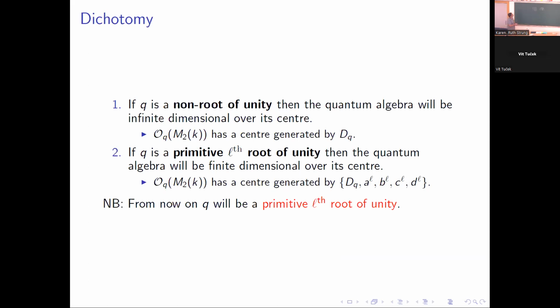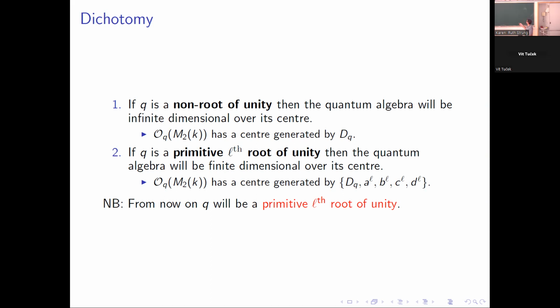Right. So at that point, I should say that depending on the value of Q, you have a dichotomy for what happens. In the case where Q is not a root of unity, your algebra, your quantum Grassmannian for instance, or quantum matrices, is an algebra with a very small center. In the case where Q is a primitive root of unity, the center becomes huge, and your algebra becomes finite dimensional over its center.